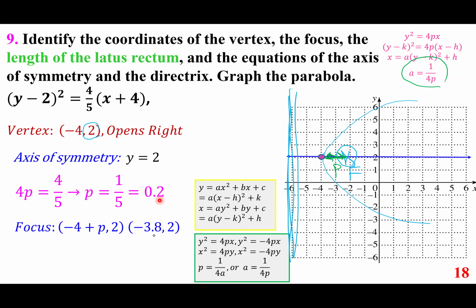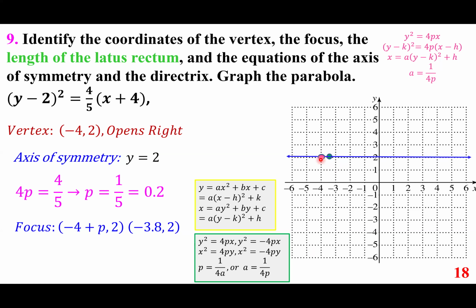Maybe I erase my work so it becomes clear. When you get this point, remember the graph looks like that, and of course this is much more precise than what mine was. Now I want to come up with the equation of the directrix. The directrix is a vertical line, x equals something.